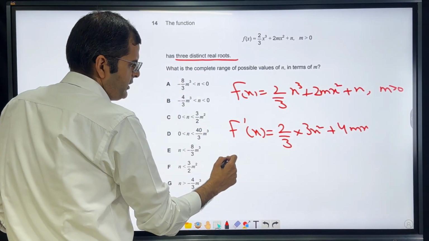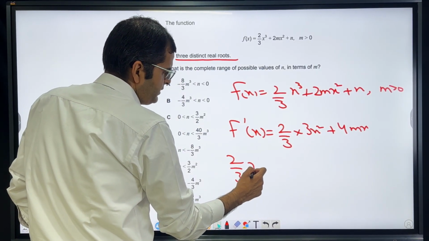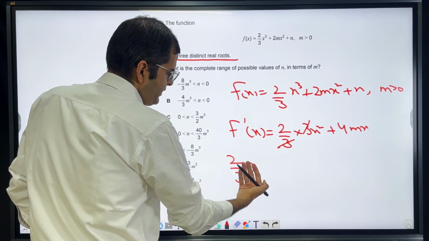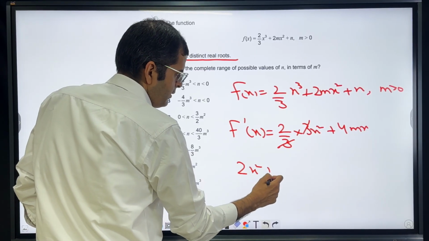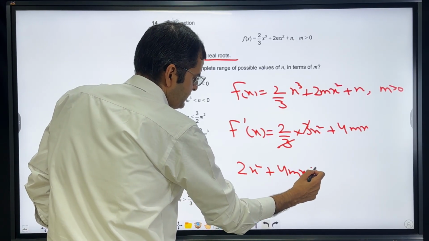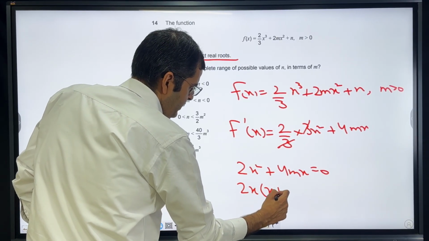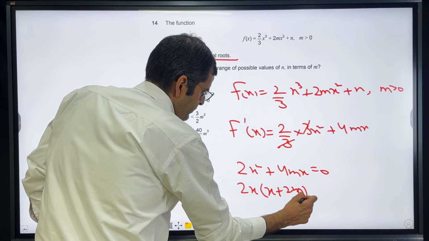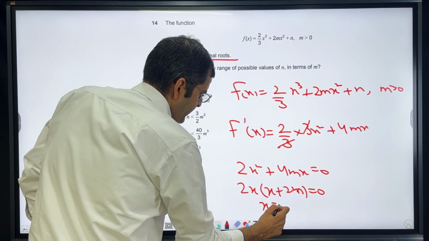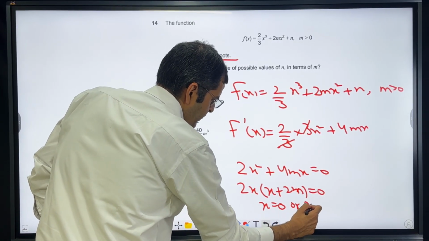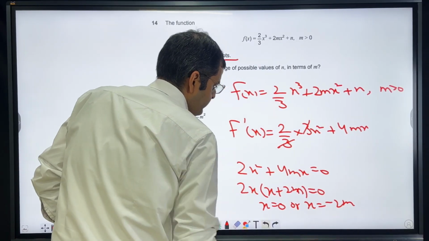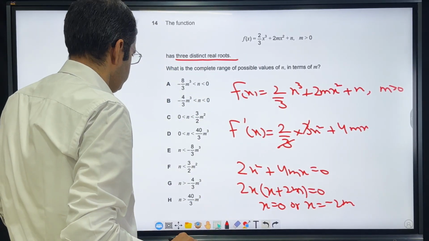If this is equal to 0, then 2x square plus 4mx is equal to 0. Here I take 2x common, it becomes x plus 2m equals 0. So I get x is 0 or x is equal to minus 2m.